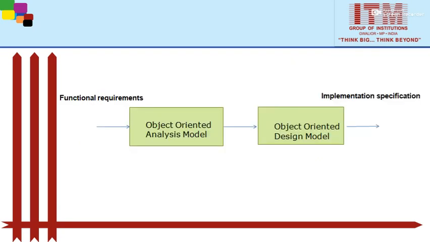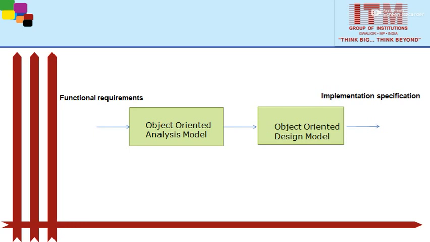This we can further understand with the help of this diagram, in which functional requirements, when fed into the object-oriented analysis model, then pass to the object-oriented design model, and finally the object-oriented design model develops implementation specification. So these two approaches, when combined together, finally generate implementation ideas for development of code.